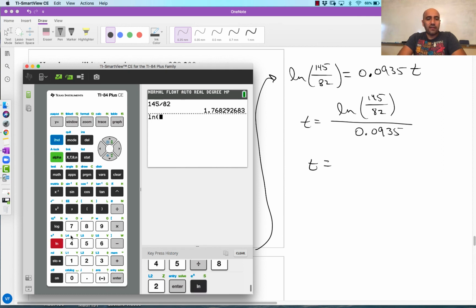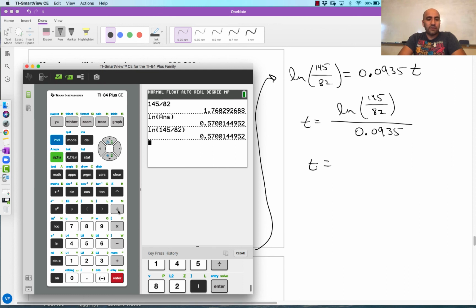And so now ln of that decimal, I hit second answer to give me the previous answer. Otherwise, you could just type in ln of and then type in 145 divided by 82. Same thing. Get the same decimal. And now that decimal gets divided by this decimal.